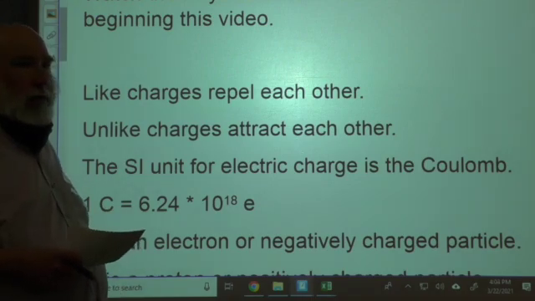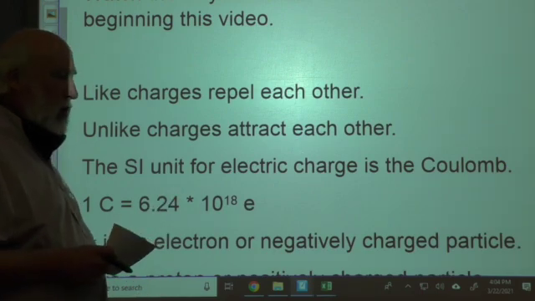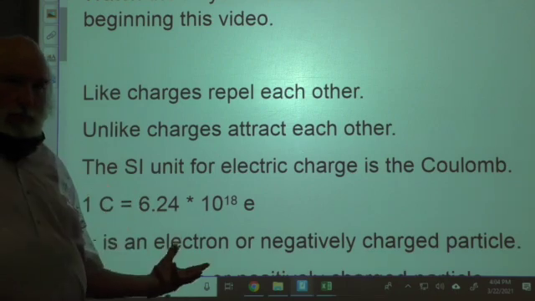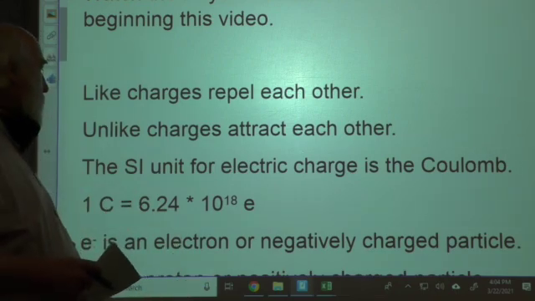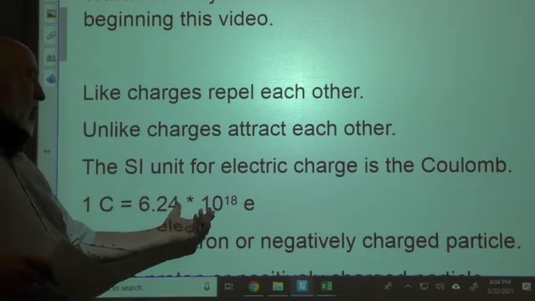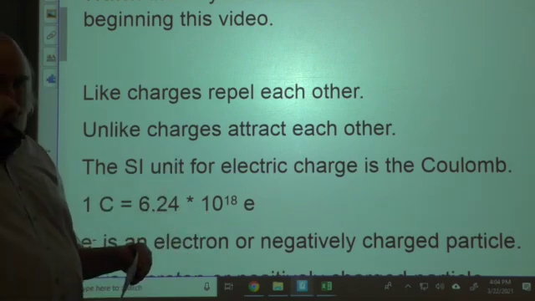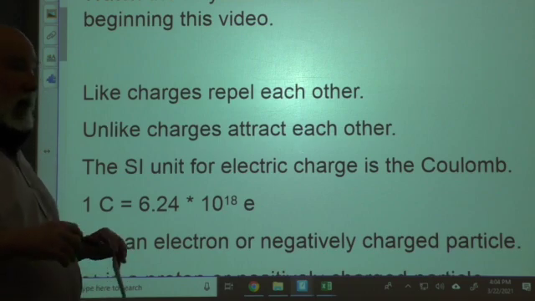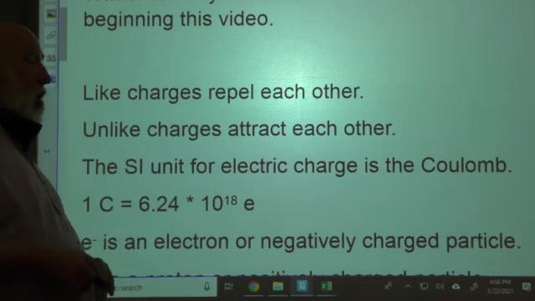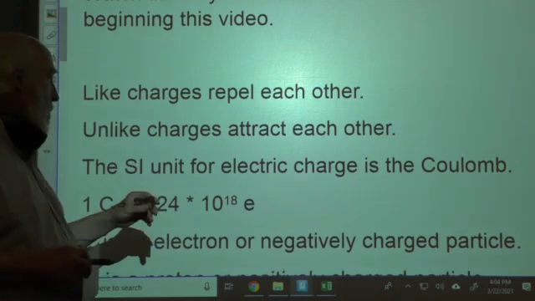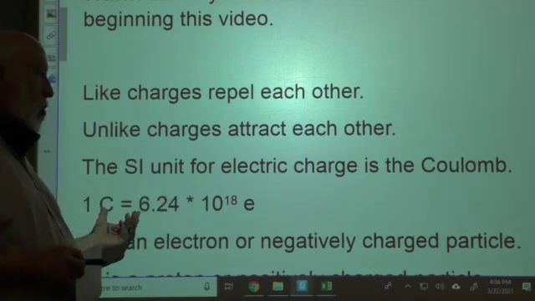So Coulomb, the French scientist who was really the pioneer in all this, defined it as 6.24 times 10 to the 18th electrons as a packet of electrons to work with. Even that's pretty large, but it's better than the mole. So they now call that a Coulomb after him.